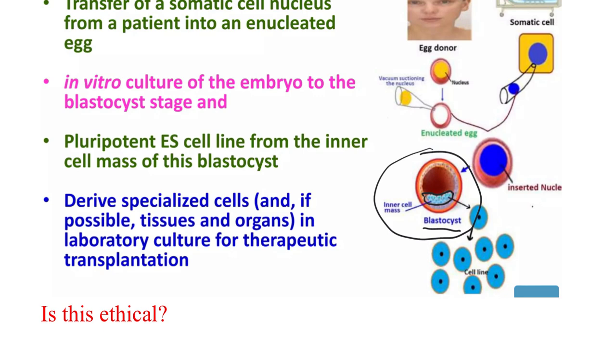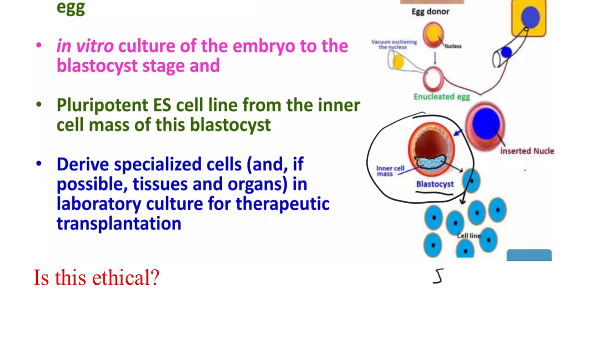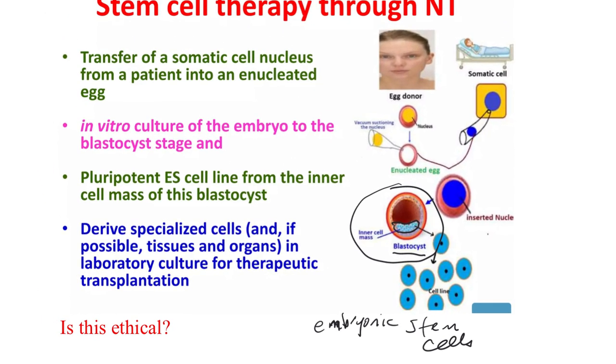Okay, now there's a special part of the blastocyst embryo that is called the inner cell mass. And these contain the stem cells, the embryonic stem cells. These are special in the sense, like I just said, they're pluripotent. That term means they can turn into any kind of cell you want them to be, maybe even a tissue or an organ.